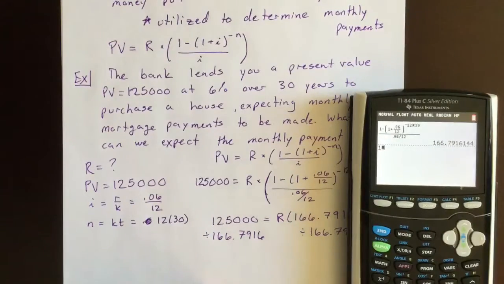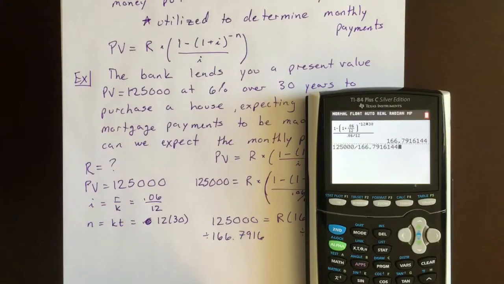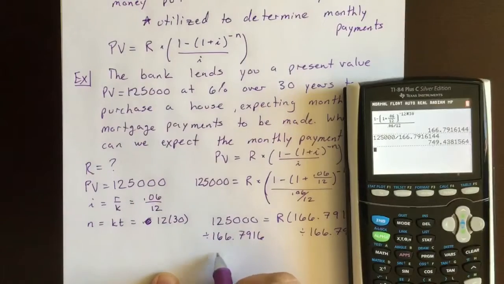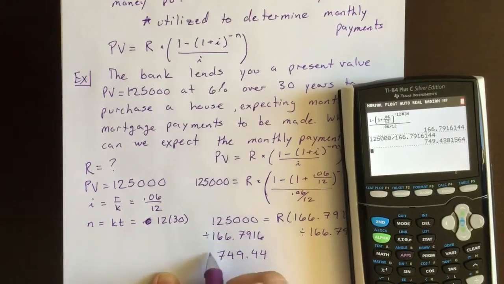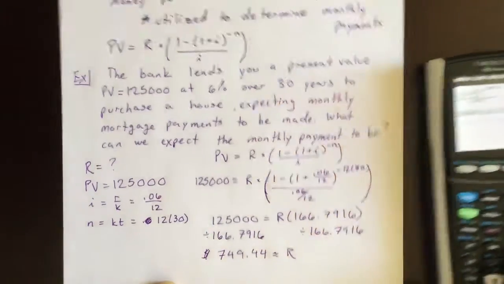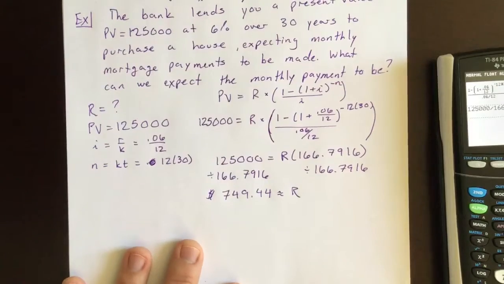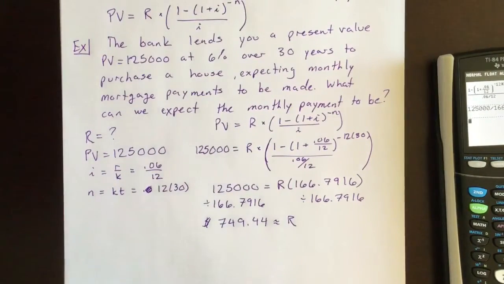Okay, so 125,000 divided by this amount, we get a monthly payment of $749.44.